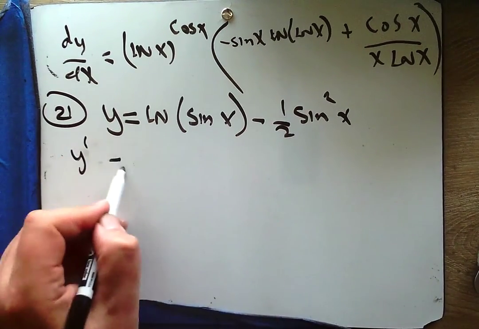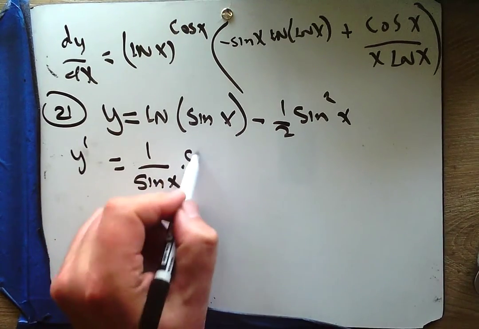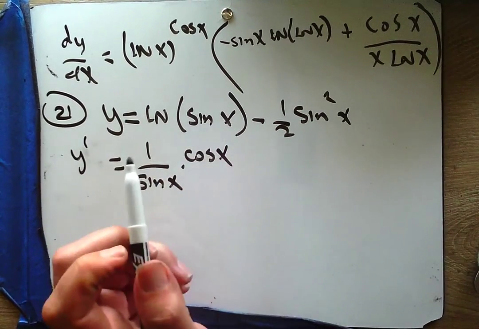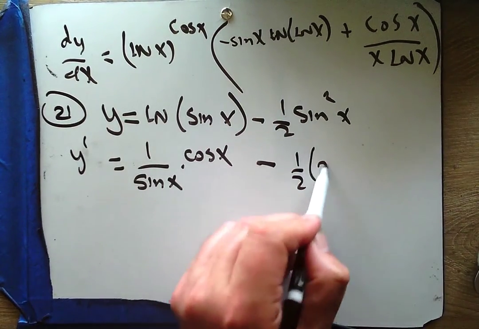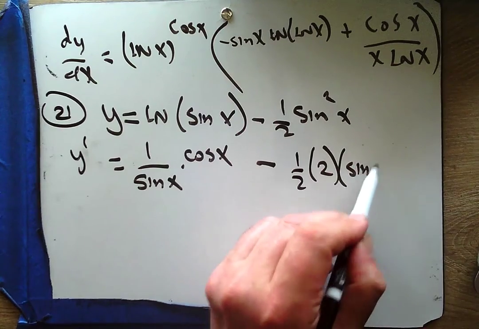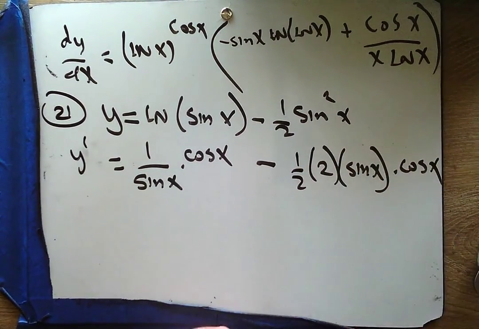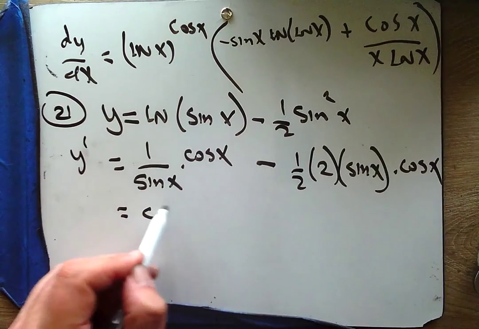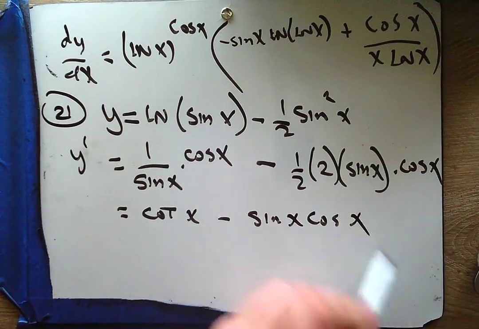So y prime, derivative of ln is 1 over stuff times the derivative of stuff, minus, I bring down that 2, I leave the inside alone, I come back and take the derivative of the inside. Well, it wasn't so bad. So cotangent x minus sine x cosine x.